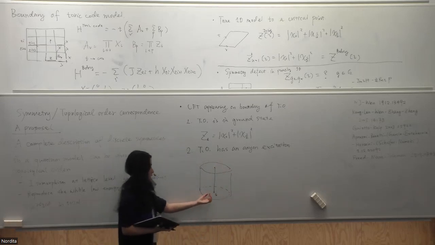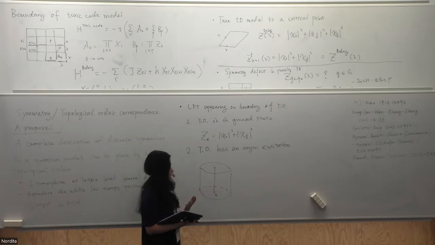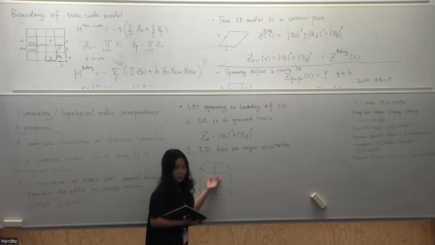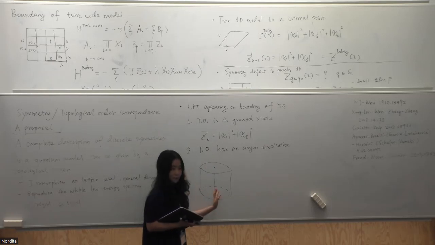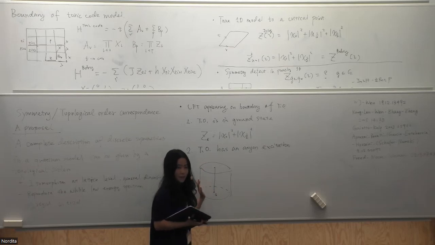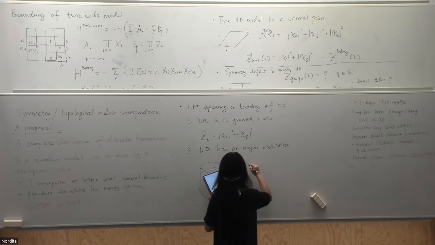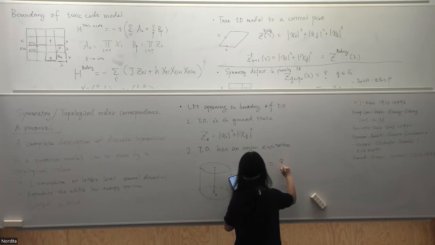But physically, it's never possible to create a single anyon. So when I say there's a single anyon in the bulk, that means there is going to be an anti-anyon on the boundary. So on this boundary 1+1D space-time, there's an anti-anyon defect line. In that case, we want to ask, what is the partition function on the boundary?